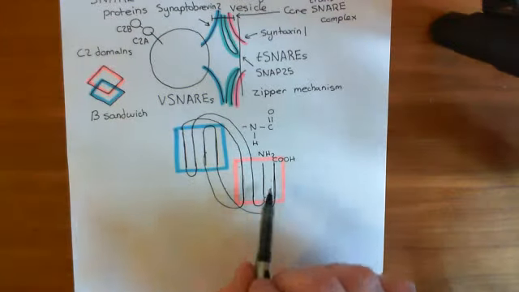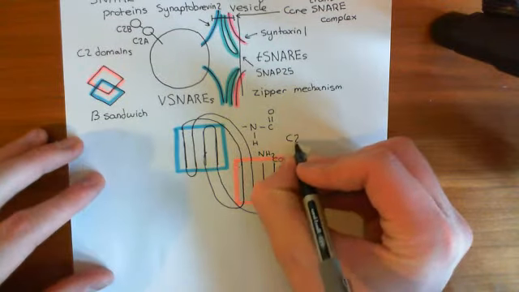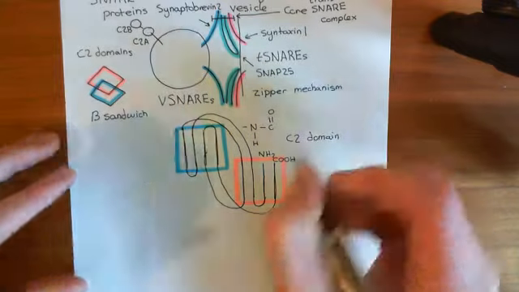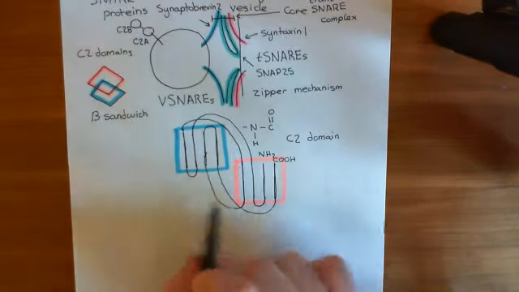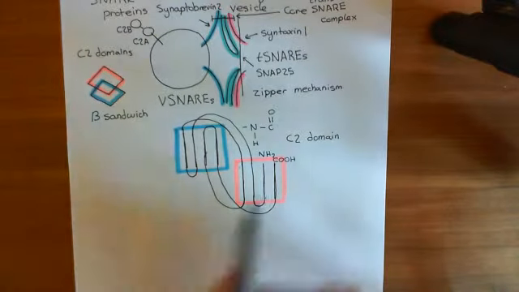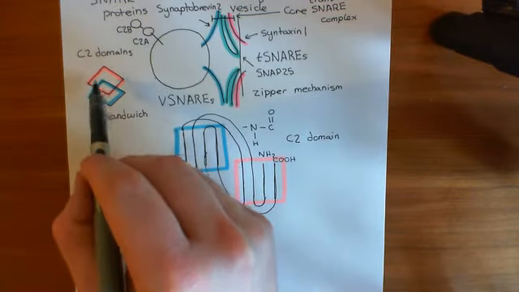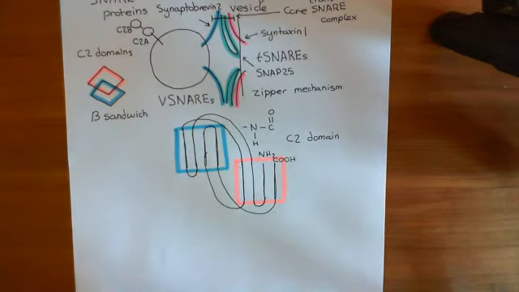And the way that you form them is like this. So this is a C2 domain. A beta sandwich is something more general than this. A beta sandwich is just 2 stacked beta pleated sheets that don't necessarily have to be connected like this. This is how C2 domains are connected up. And basically what you can do is bind calcium ions in between these 2 stacked beta pleated sheets.